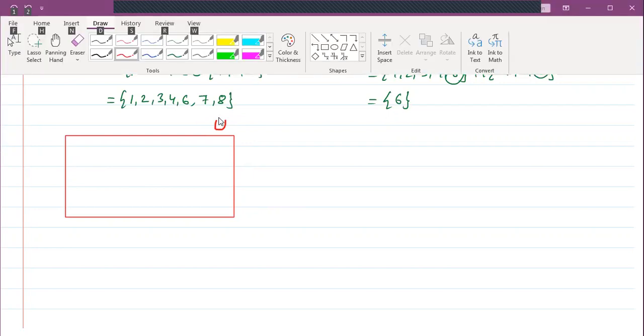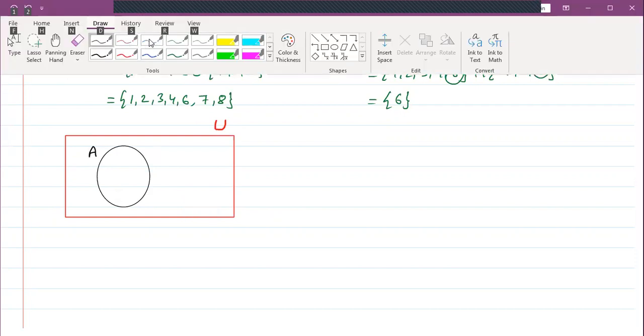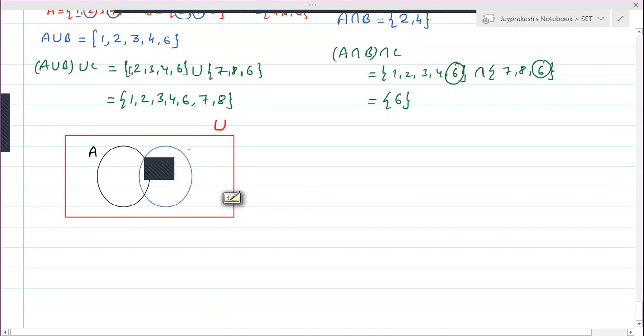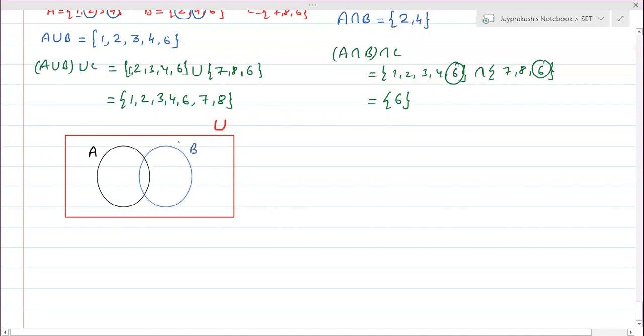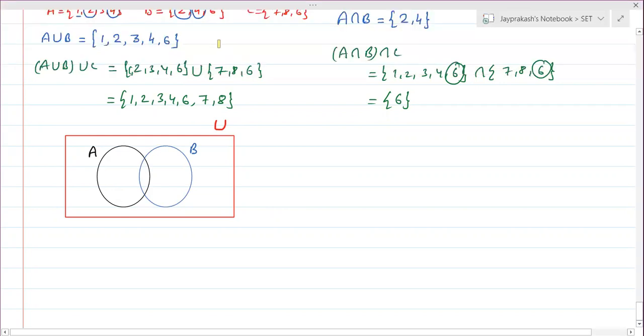Now suppose first we are considering two sets. We will denote the two sets by using circles. So this is my first set, I rename it A. And then the second set B. This is the set B. Now if you see here, between sets A and B, this area is common.